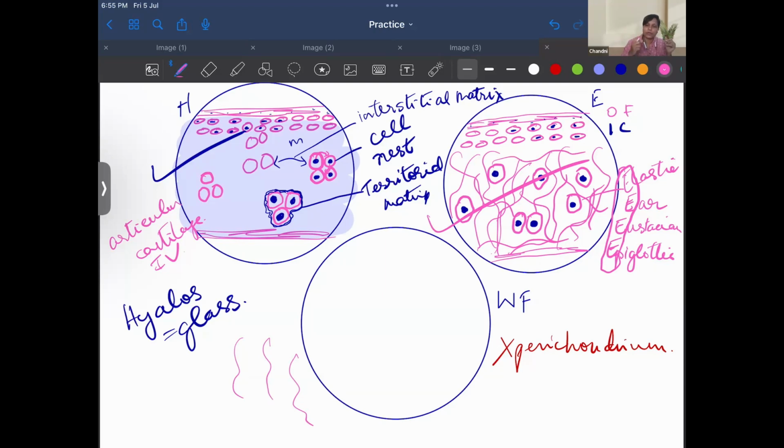And because it requires a great amount of strength, these fibers run in collagen bundles like these. So you draw bundles of collagen running this way. And these bundles of collagen run parallel to each other, okay? So you can draw it this way.